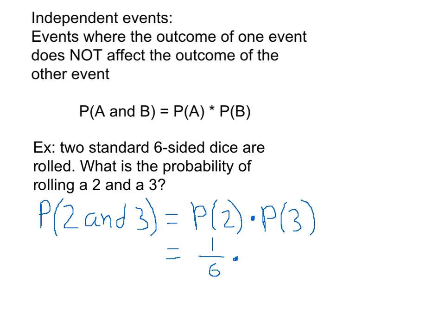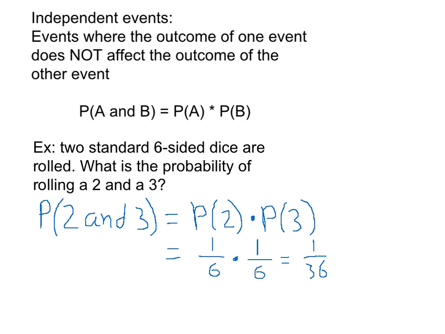Same for the 3. There is only one 3 that I could get out of the 6 possible numbers. So the probability that I will get both a 2 and a 3 is going to be 1 over 6 times 1 over 6, or 1/36.